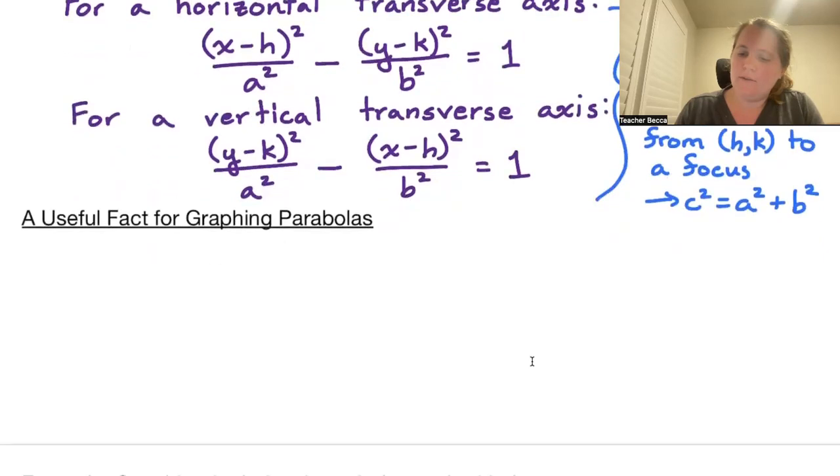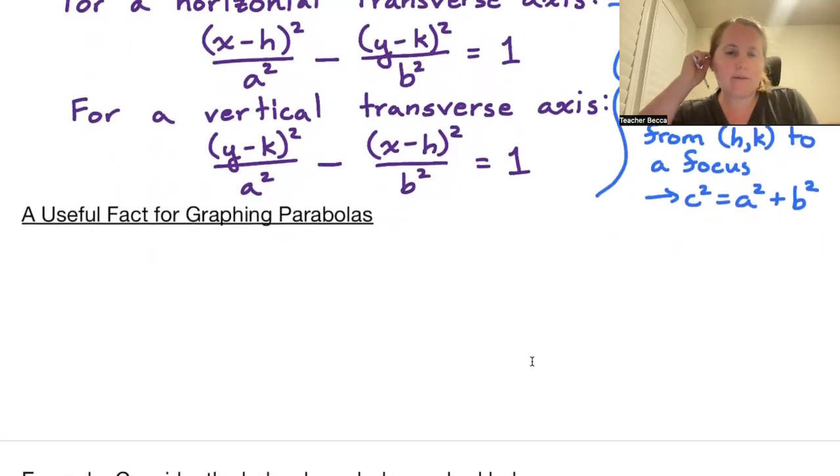A very useful fact for graphing hyperbolas is that we can draw lines that give us diagonal asymptotes for our hyperbola.